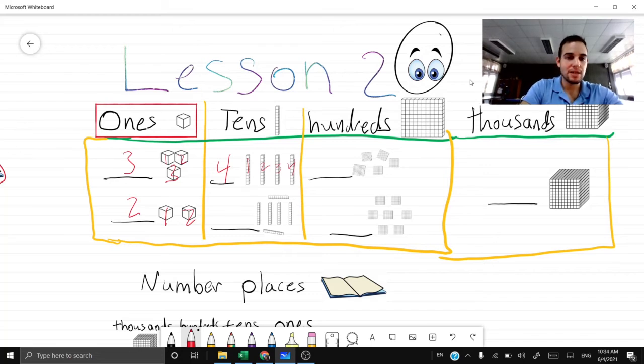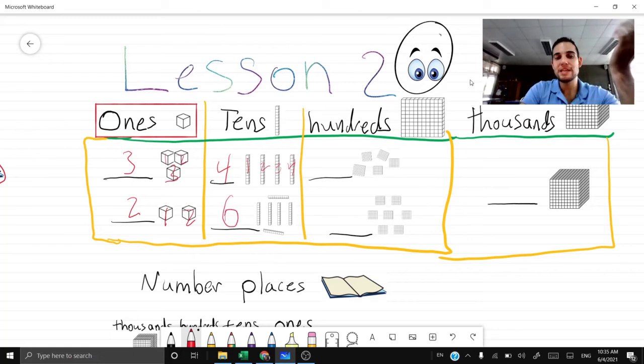Now let's take a look at the next one. I want you to count it first. How many tens do we have? Ready? Did you say 6 tens? If you did, good job. Let's write down 6 tens.